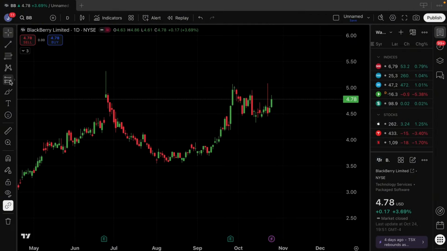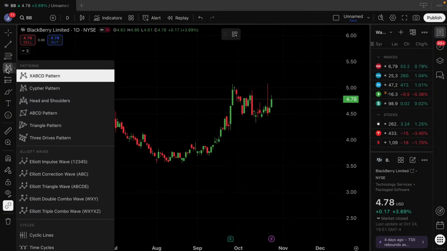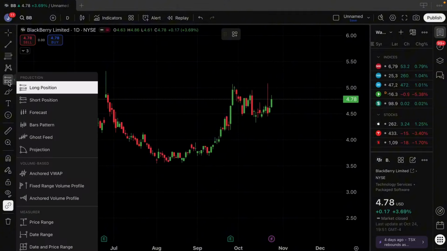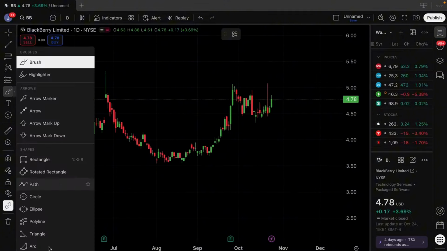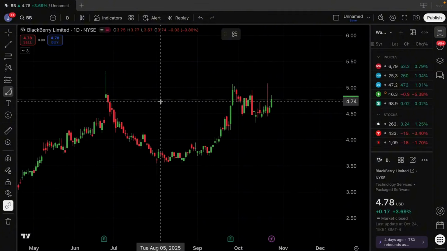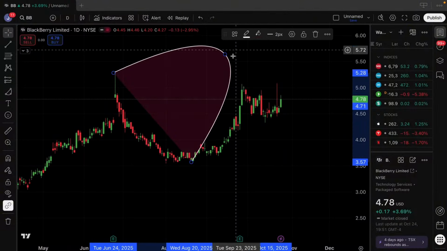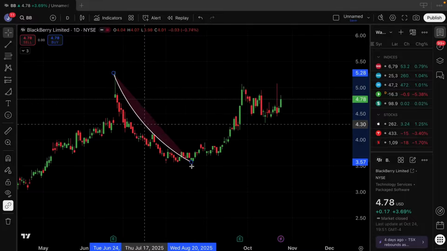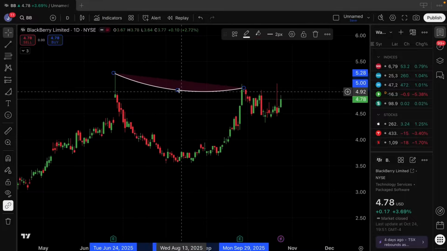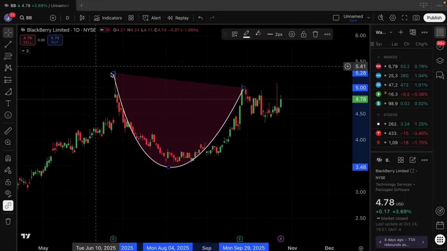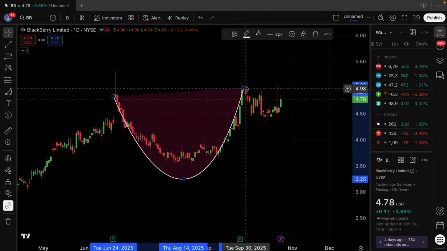I'm going to go down to over here and I'm going to go and find a circle or arch rather, so that I can mark it up. I'm going to come here and here, and so we're going to bring this down, bring it over and bring it down here so we can get a more perfect curve on the cup.